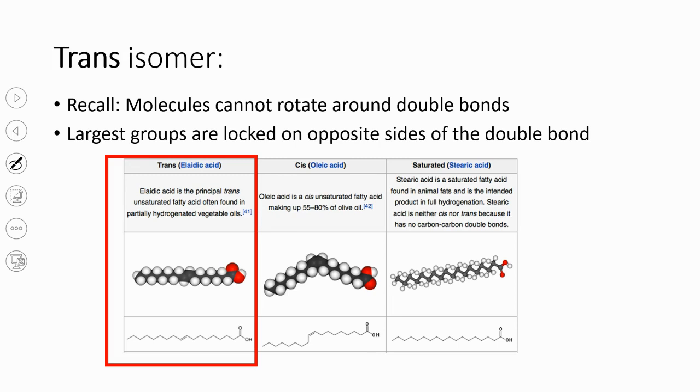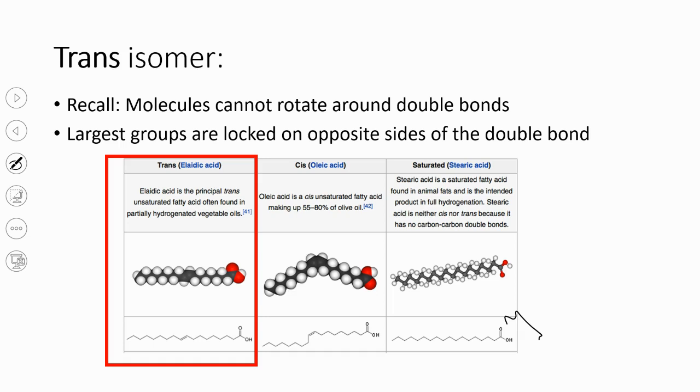And then here's an example of a trans molecule. If the carbon groups are locked into place on the same side of that double bond, then it's going to cause the molecule to be bent. If it's a trans conformation, then we have more of a linear structure.